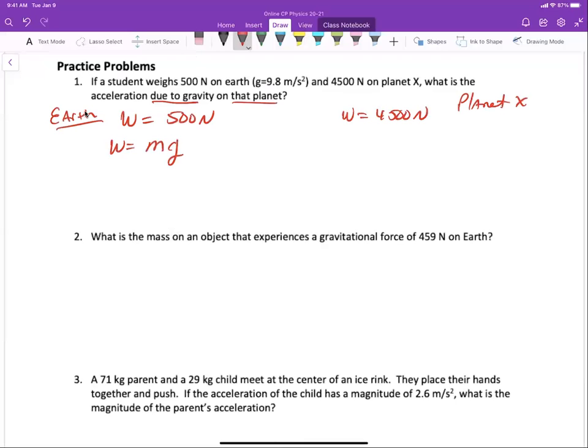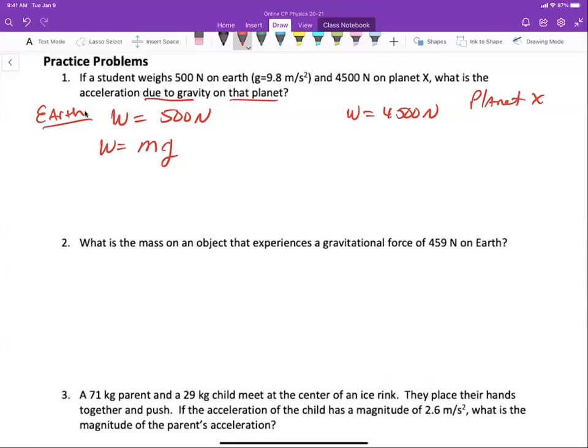So we know the weight on Earth, and we know the acceleration due to gravity on Earth. And so we have to find mass. So mass is equal to its weight divided by g, which is 500 newtons divided by 9.8 meters per second squared, which is equal to 51 kilograms.